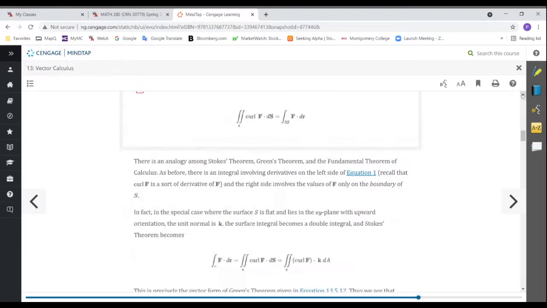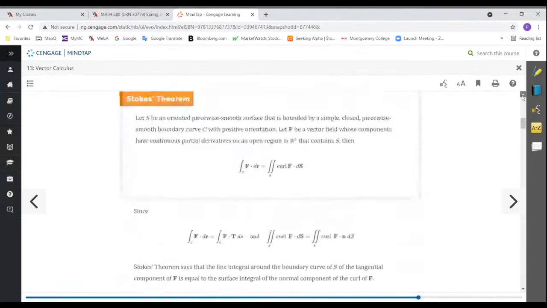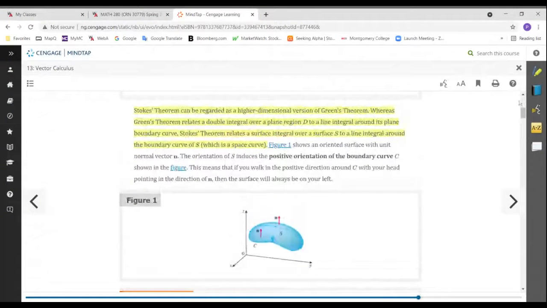So here's a situation where you have a person, it looks like a human being there, right? Walking along some closed path in three-dimensional space.